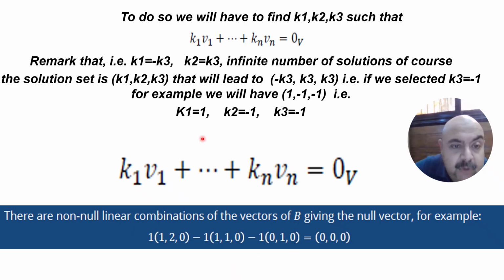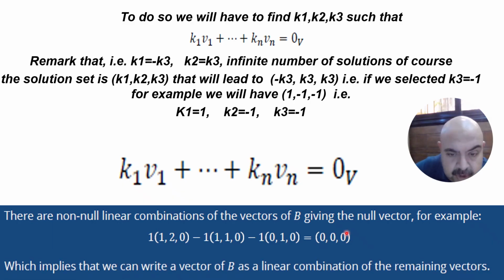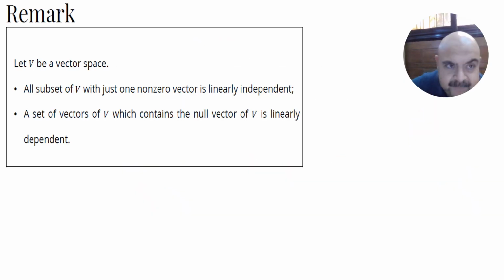And really, if we try to multiply 1 by the first vector, -1 by the second vector, -1 by the third vector, the result will be zeros, which means there is a combination between K1, K2 and K3, not the trivial solution, which means they depend on each other. As I told you, which implies that we can write vector B as a linear combination of the remaining vectors, and we will go through this in details shortly.